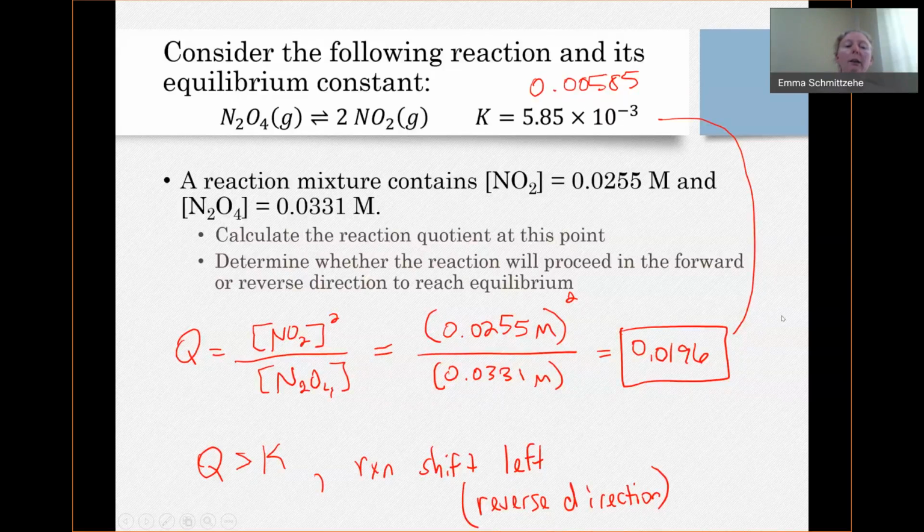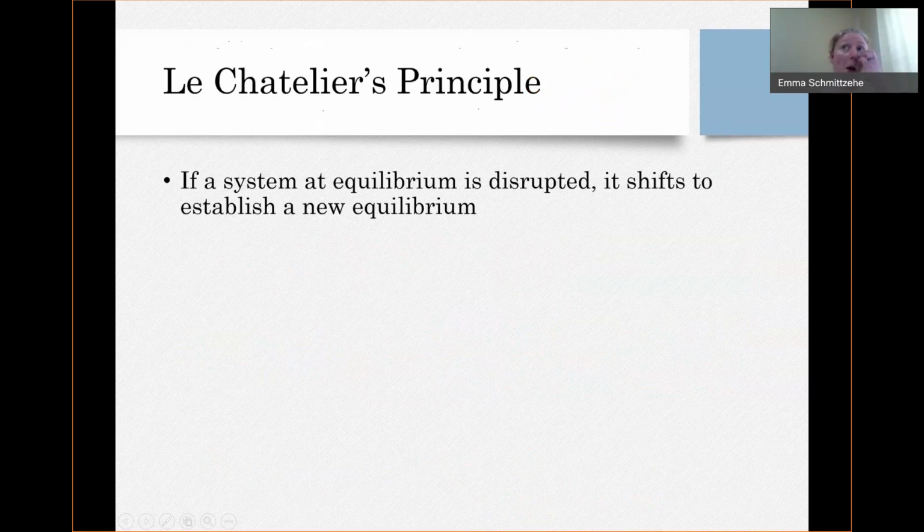Okay, let's talk about one other thing related to shifts in equilibrium. Specifically, we're going to talk about Le Chatelier's principle. Now, what Le Chatelier's principle tells us is if you have a system at equilibrium and it's disrupted, so we do something to knock it out of equilibrium, it's kind of happy and then we do something and now it's not happy anymore.